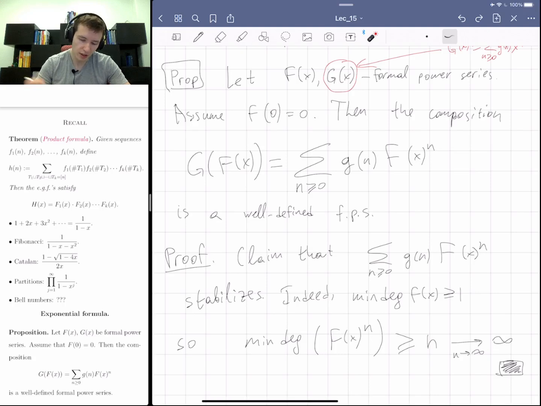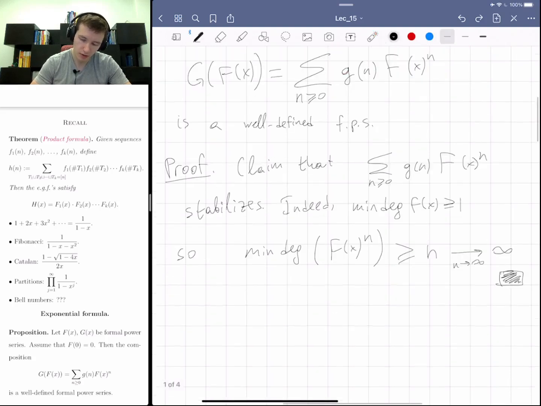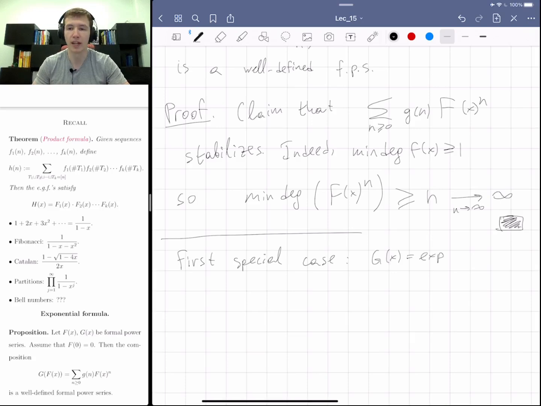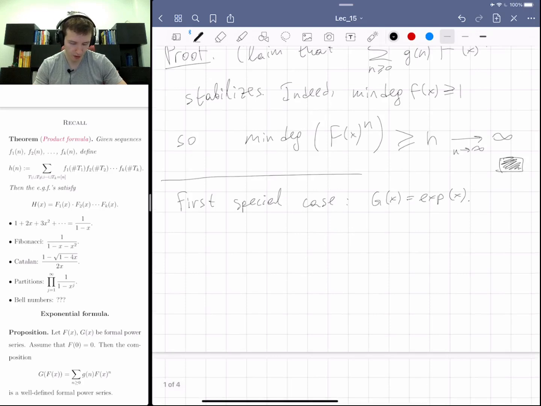Before I discuss the general composition, let me first discuss the case where g is the exponential function. So first, an important special case is g of x is the exponential of x. That's where you get the exponential formula.